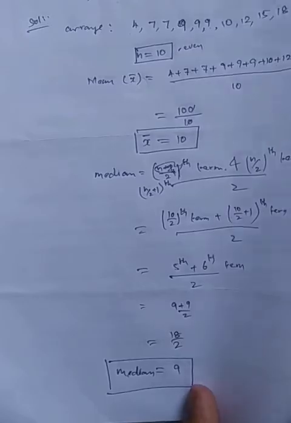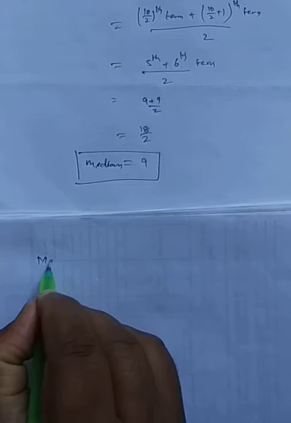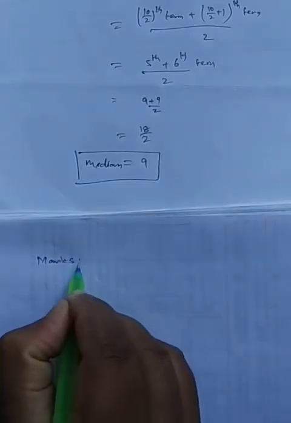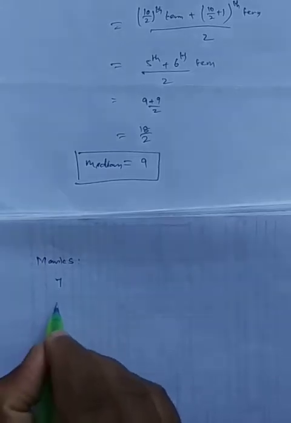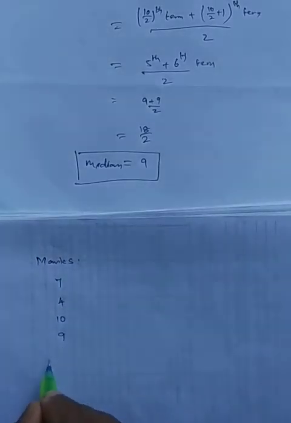Now let's construct the table. First we write the marks, the data: 7, 4, 10, 9, 15, 12, and then 7, 9, 9, and then 18.